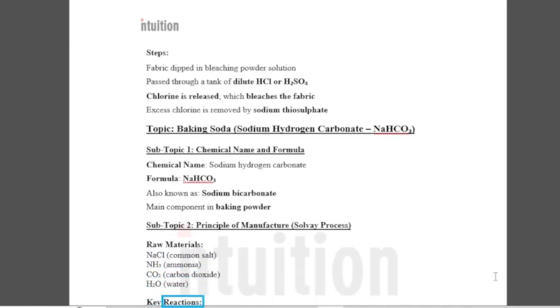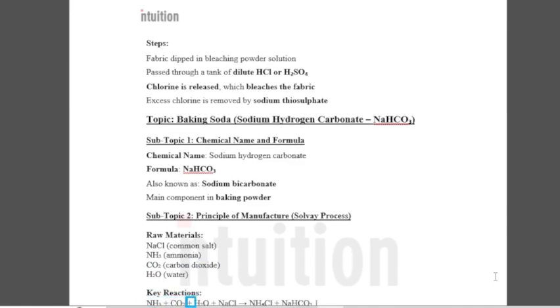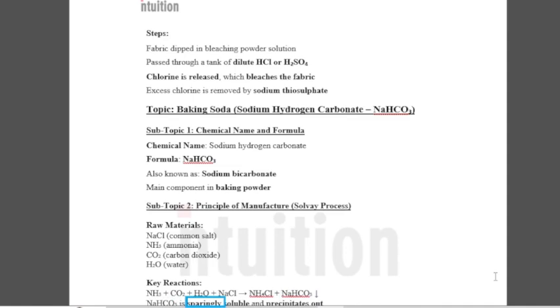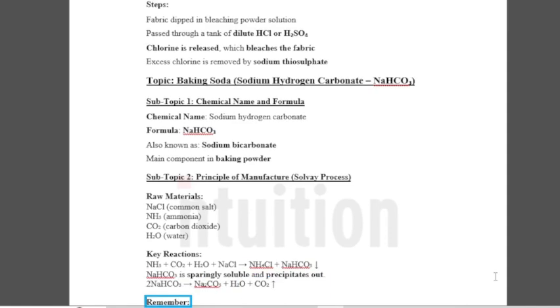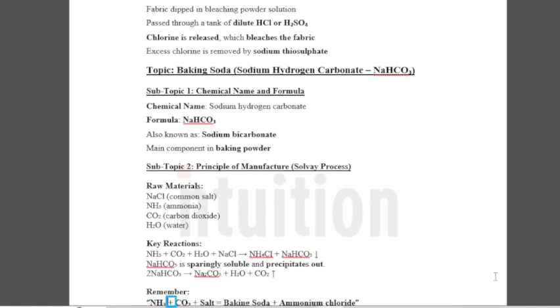Key reactions: NH3 plus CO2 plus H2O plus NaCl gives NH4Cl plus NaHCO3. NaHCO3 is sparingly soluble and precipitates out. 2NaHCO3 gives Na2CO3 plus H2O plus CO2. Remember, NH3 plus CO2 plus salt gives baking soda plus ammonium chloride.